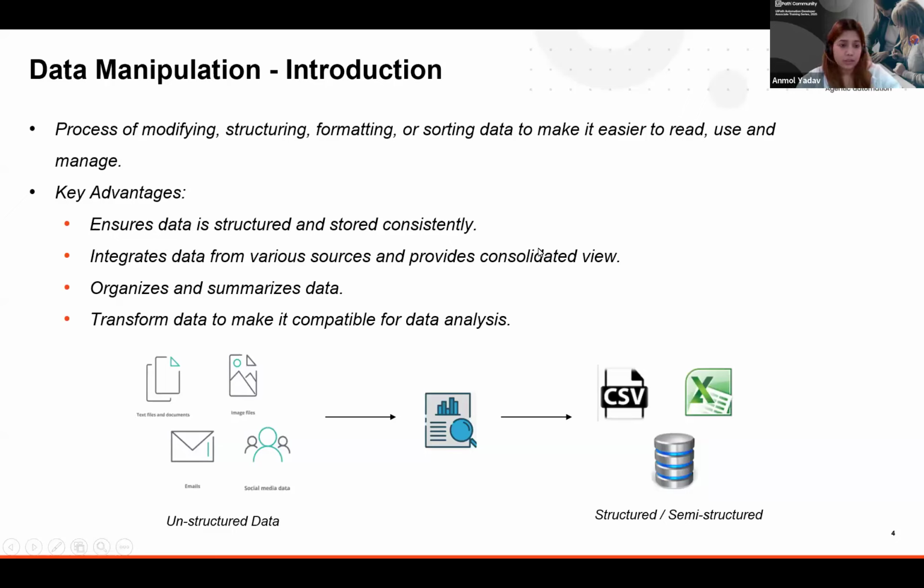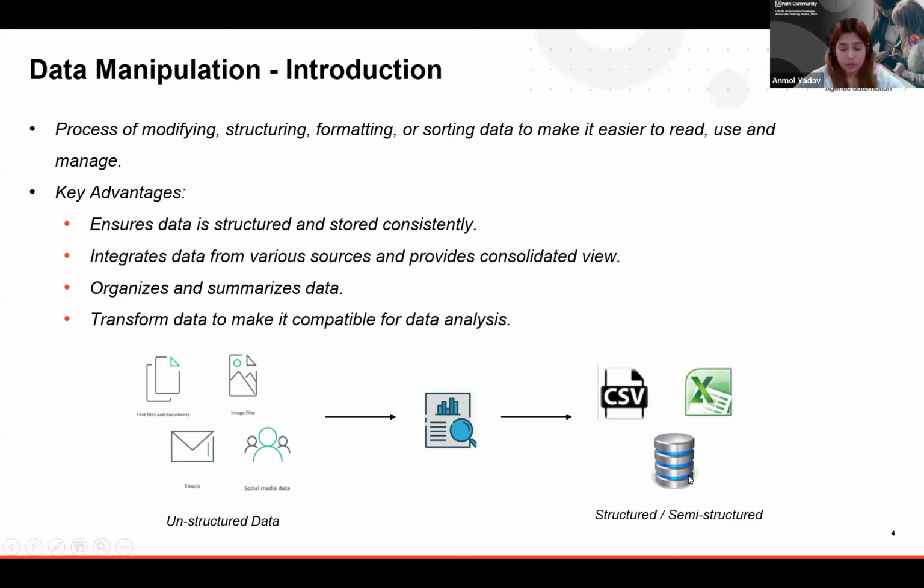So the key advantage you're going to get out of it is that you'll ensure your data is structured and stored consistently. You integrate data from various sources and get a consolidated view, which means when you store it in databases, you'll have it in the form of rows and columns. When you store it in Excel or CSV or any spreadsheet for that matter, you'll also have it in a structured format. You can organize and summarize the data.